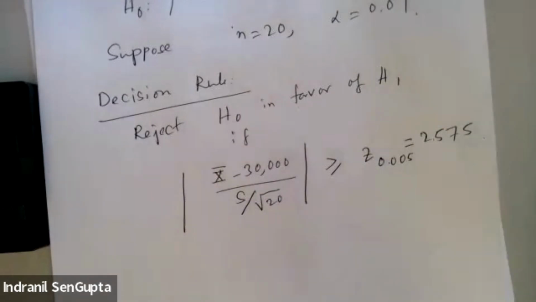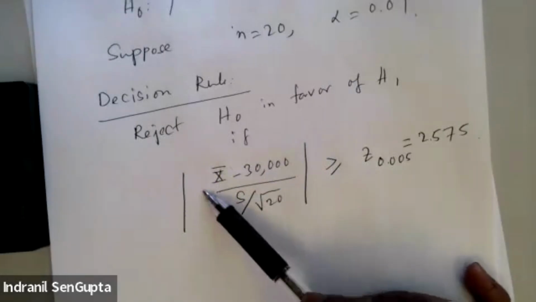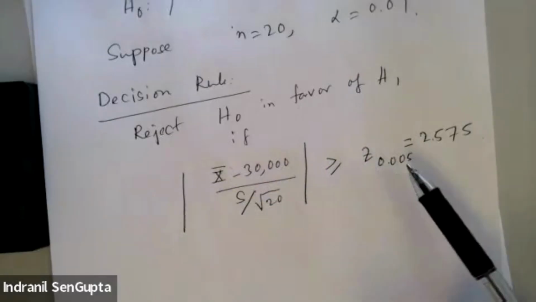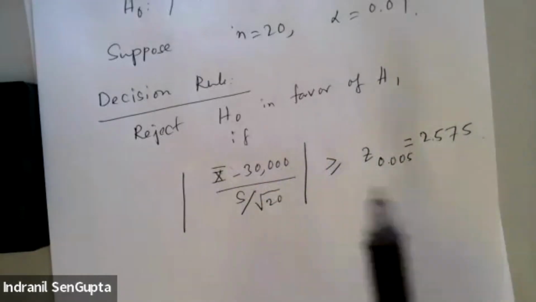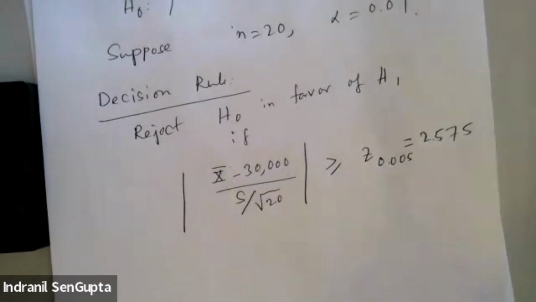Now all you have to do is find a sample, whatever the sample value. You find the sample mean, you find the sample variance, and you compute this. If this number is bigger than this one, you reject the null hypothesis. If this number is less than 2.575, you retain the null hypothesis. It's a two-sided hypothesis test.